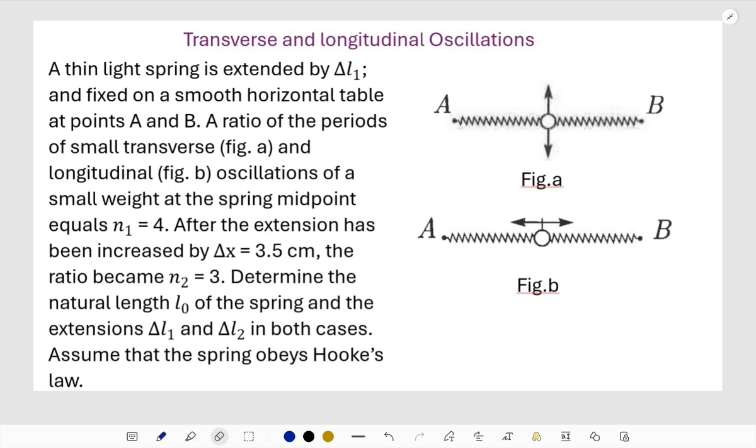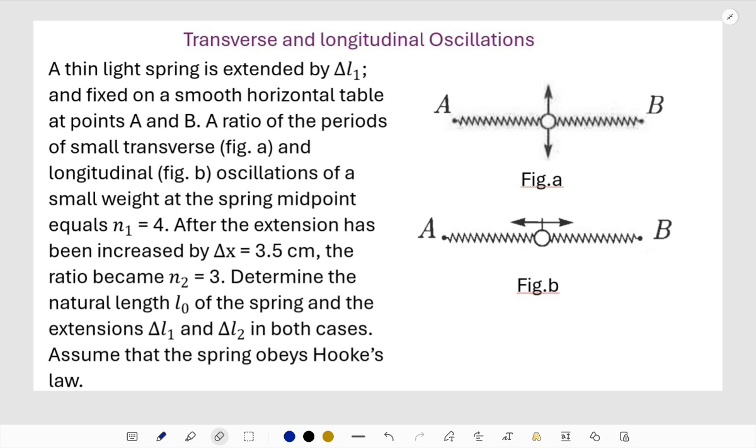So the spring is already extended, and fixed on a smooth horizontal table at points A and B. A ratio of the periods of a small transverse and longitudinal oscillations of a small weight that is placed at the spring midpoint equals N1 equals 4.